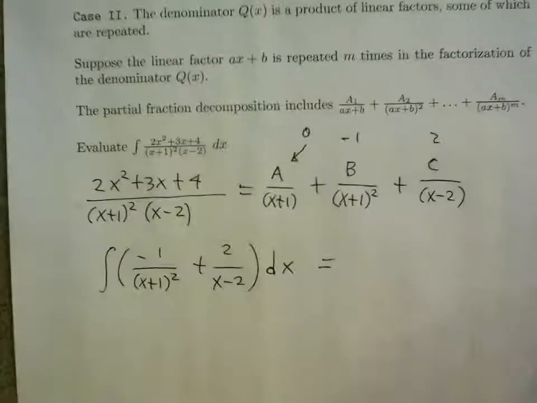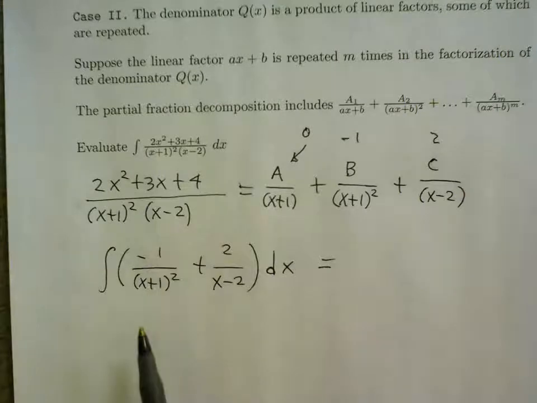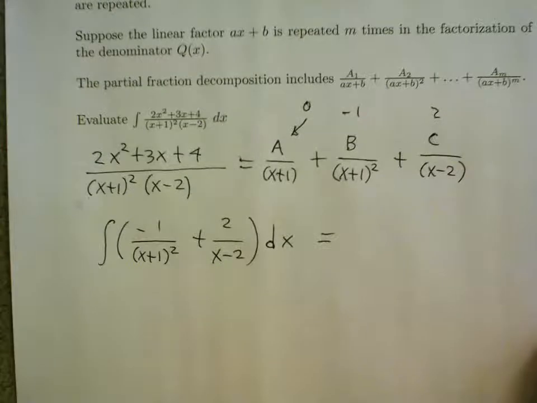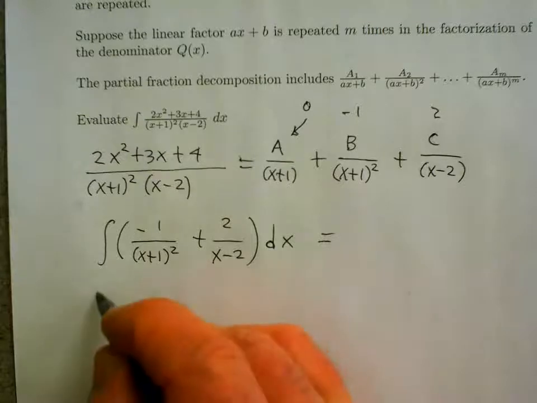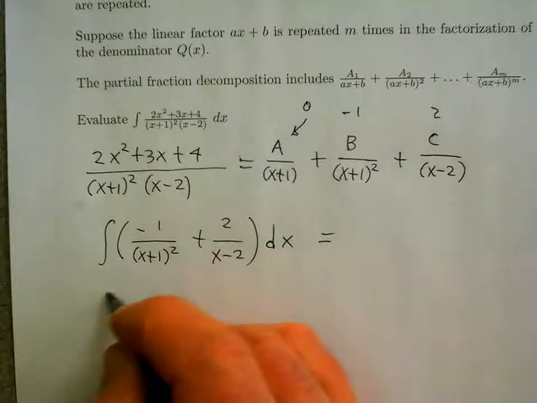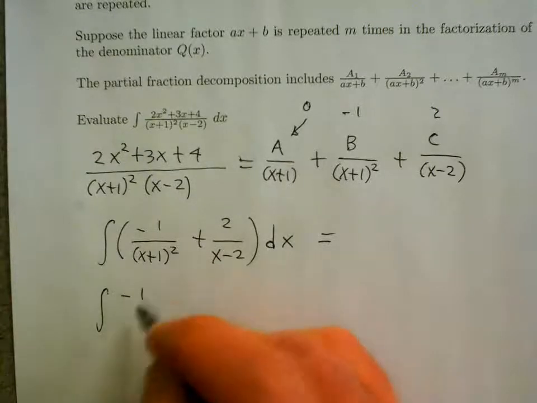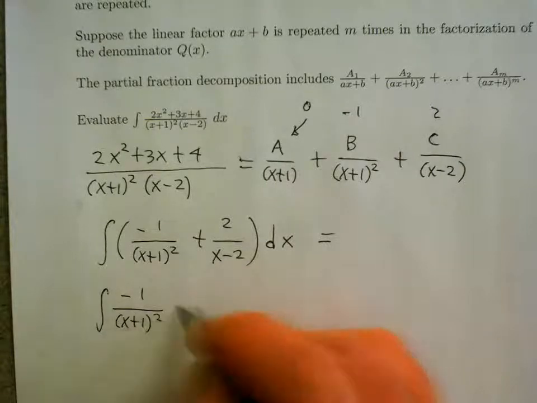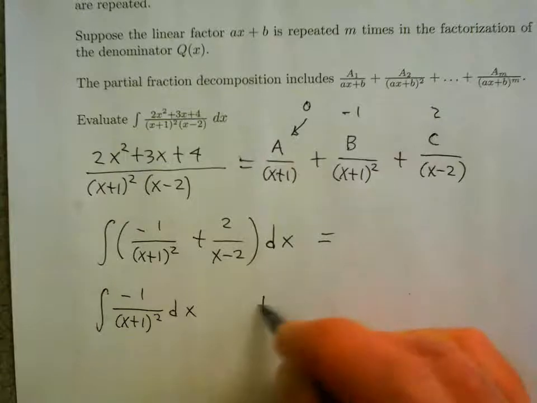So what's the antiderivative of -1 over x plus 1 quantity squared? At first glance, it might seem a little tricky, but if you think of the substitution rule, then it's not so bad. So let's write them separately.